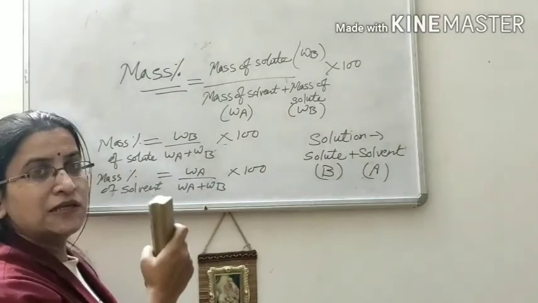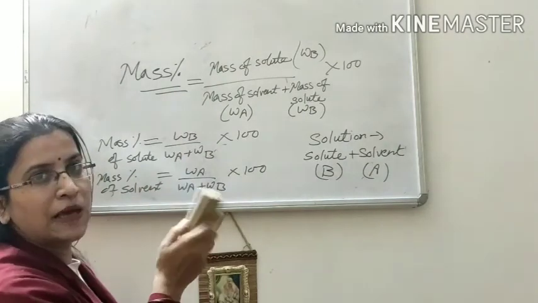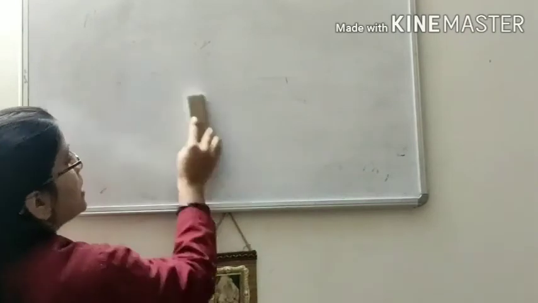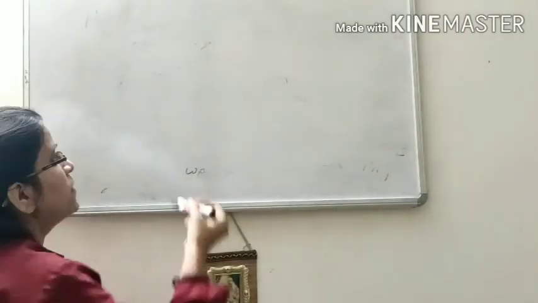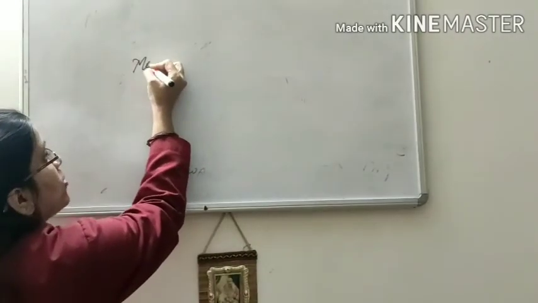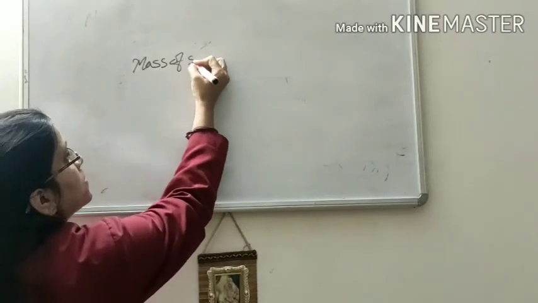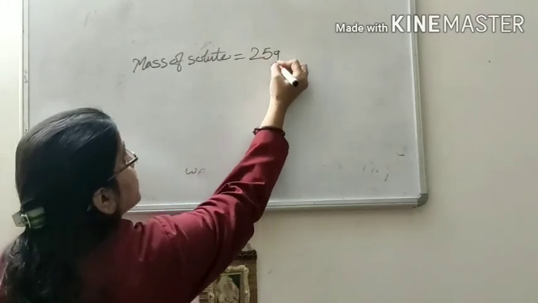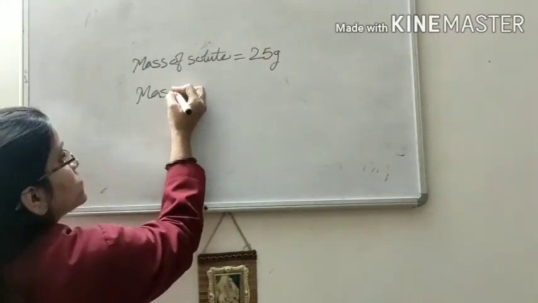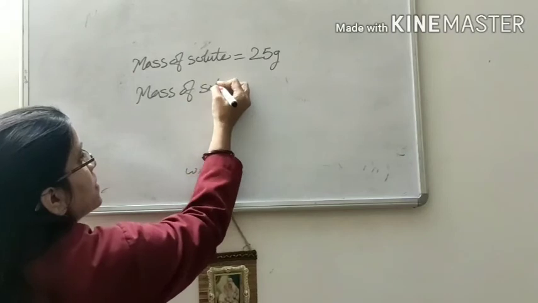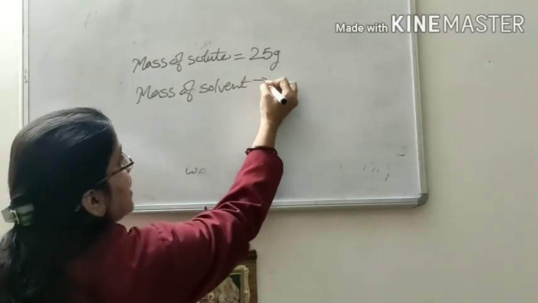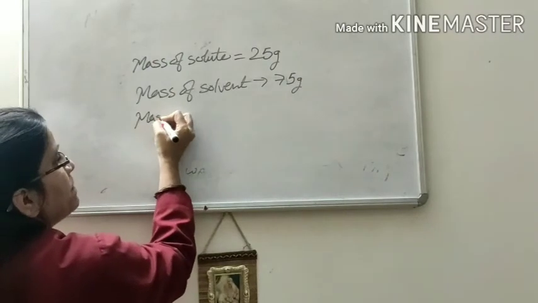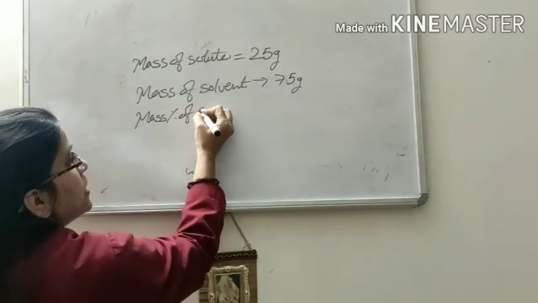Now, let us understand this formula by one numerical. Suppose you have mass of solute 25 gram and mass of solvent 75 gram, and your aim is to calculate the mass percentage of solute.